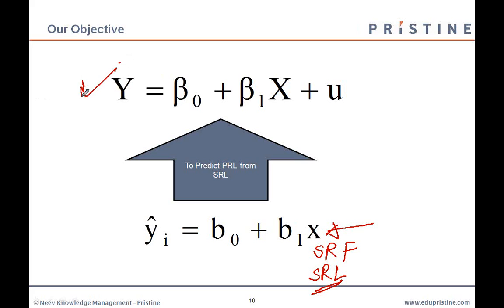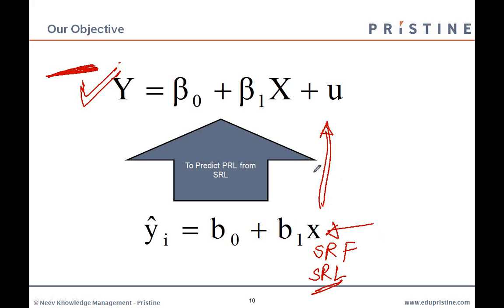You want to ideally arrive at the population regression function, but since you don't have the luxury of working with the whole population data, you take a sample and work with the sample. By doing regression analysis of the sample, you get a sample regression line, the sample regression function. But as I said, the sample is only a means, only a mechanism. It's not the eventual goal. Your eventual goal is always to identify the population regression function.